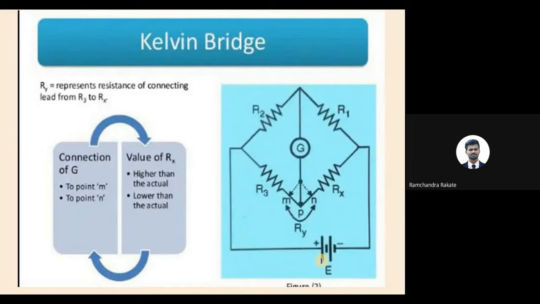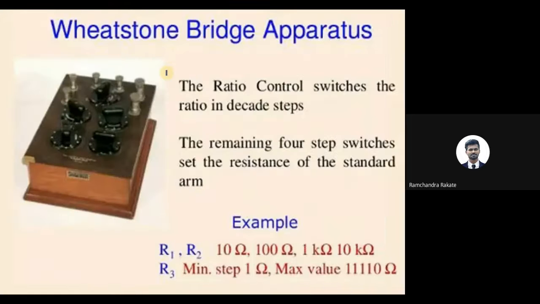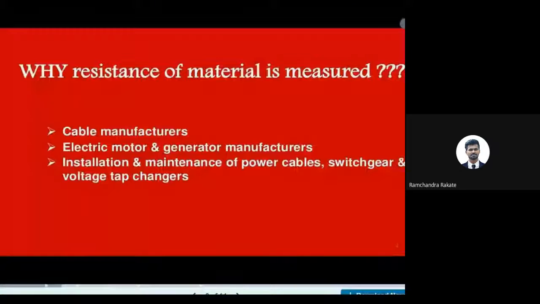Let us first understand the purpose of the Kelvin bridge. The purpose is to have accuracy in measuring low values of resistance, that is, less than 1 ohm. Sir, you already said that less than 1 ohm belongs to the low resistance category.